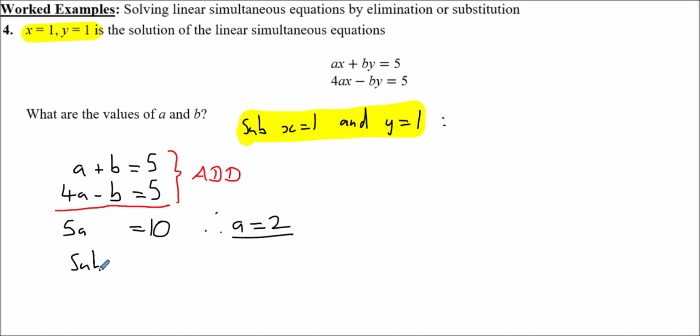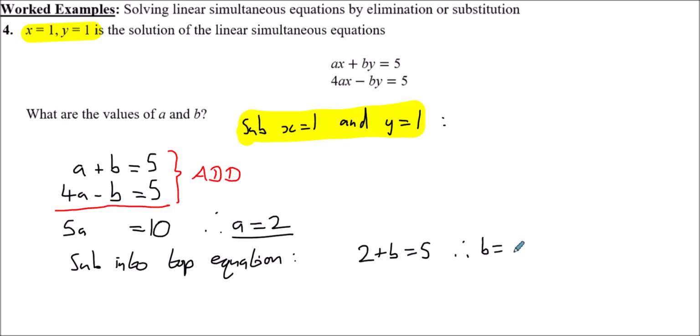Now we know a is 2, we can sub it into the top equation. So a plus b is 5, but because a is 2, we now get that 2 plus b equals 5. Rearrange that, very simple.